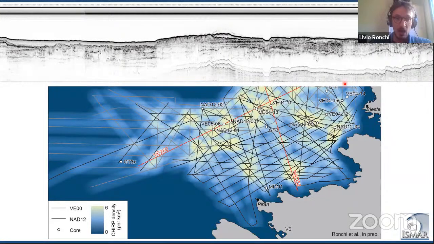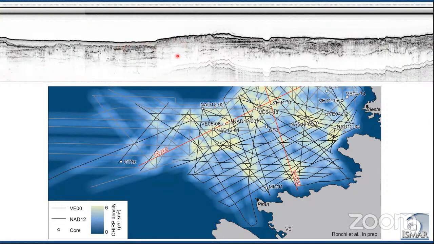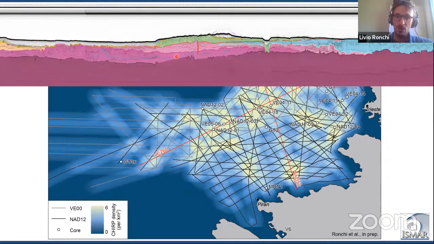When the contrast is high, you can see this kind of reflectors, which usually are paleosols or peat layers. Focusing on these reflectors, and also on the seismic facies, the differences between the different portions of the profiles, we were able to define different units. Just to give you an example.